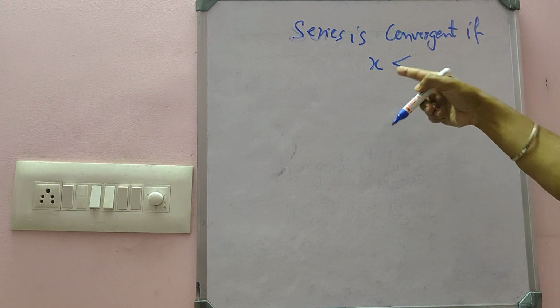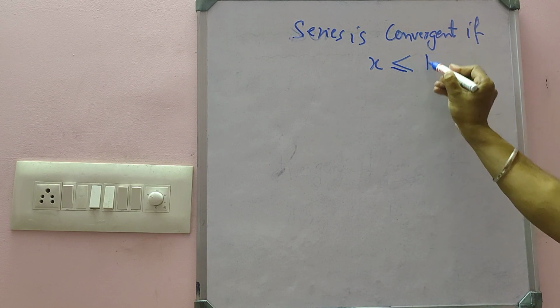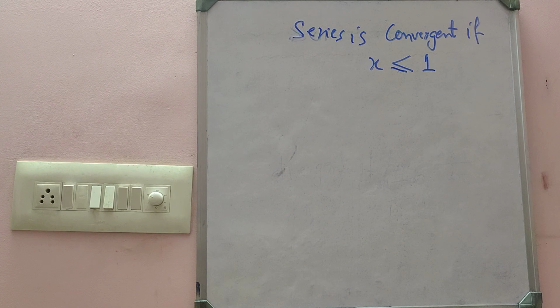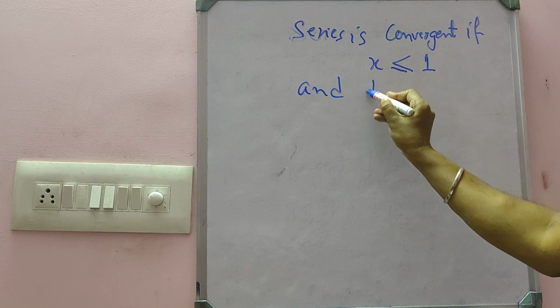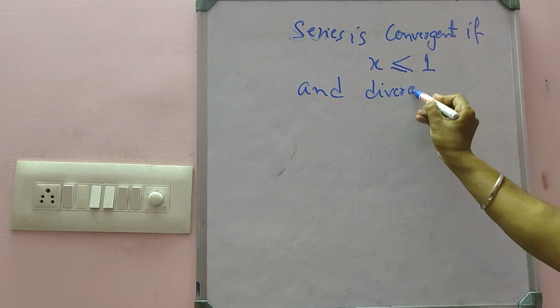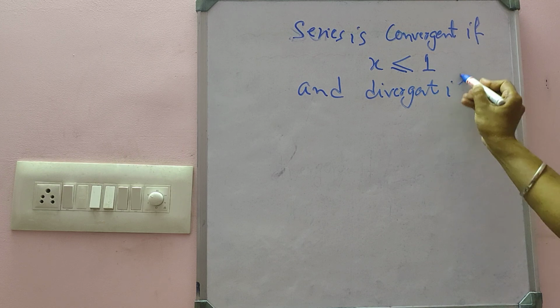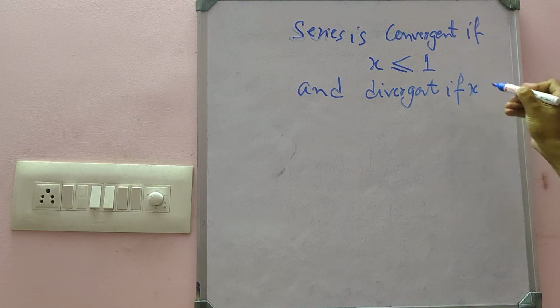Now we got it, x less than 1 convergent. So series is convergent if x less than or equal to 1 and divergent if x greater than 1.